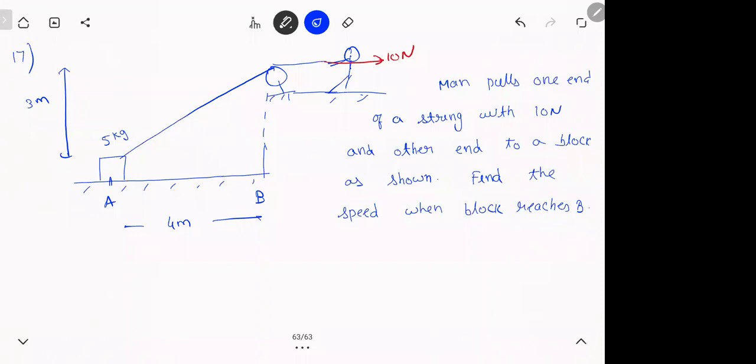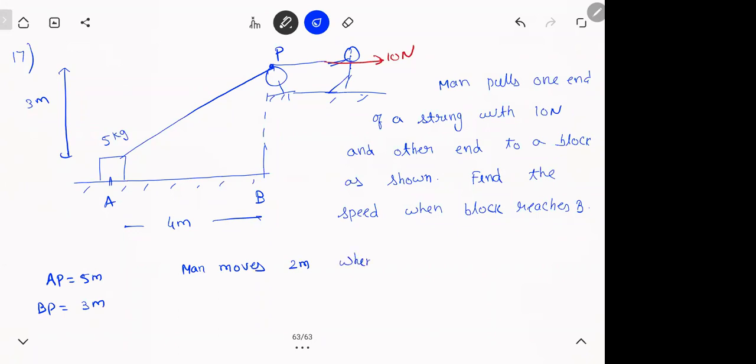See, you need to understand how much will the point actually move. AP was 5 meter, BP was 3 meters. So man moves how much? Man moves 2 meters, no?